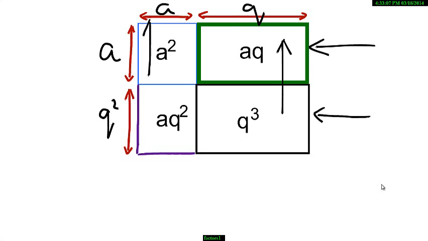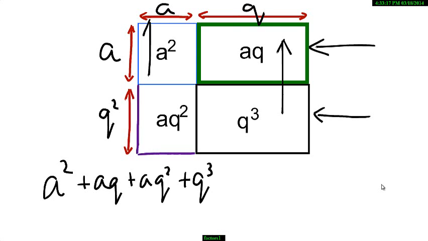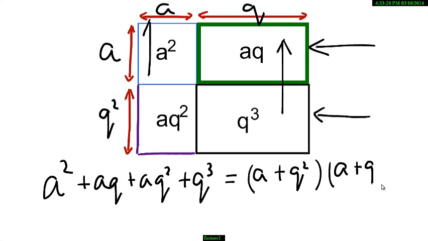So, can I write the area as a sum, that is a square plus aq plus aq square plus q cube, as the area of the product of its length and breadth as a plus q square into a plus q?